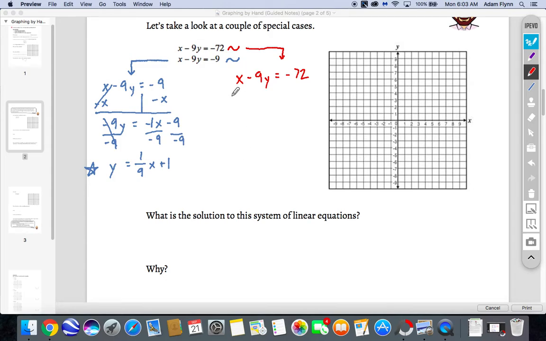So my first step in doing that will be to subtract the x. x minus x is going to cancel out. I'm left with negative 9y equals, I'll rearrange these two, negative x minus 72.